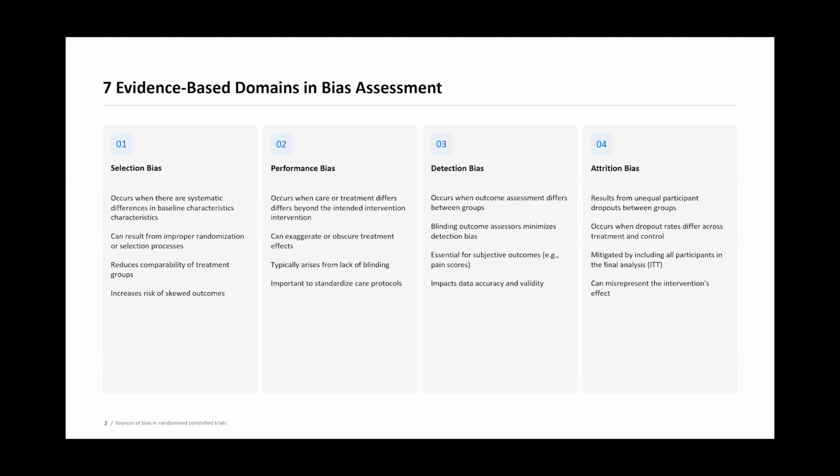So what we can do here also, we can do blinding of the outcome assessor, because knowing the outcome can influence their judgment. Blinding is one of the most effective ways to reduce detection bias. Additionally, we can use objective measurement whenever possible.